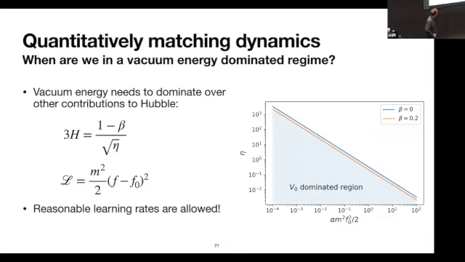The other thing we need to check in this analysis is that we're actually in the right limit, namely a vacuum energy dominated contribution. That's where we have to compare the respective scales. You are in the vacuum energy dominated region for a reasonable range of learning rates. This is important, because otherwise you would not be in that limit. You see, order 1 and standard learning rates are very much allowed in a large region of these parameters.